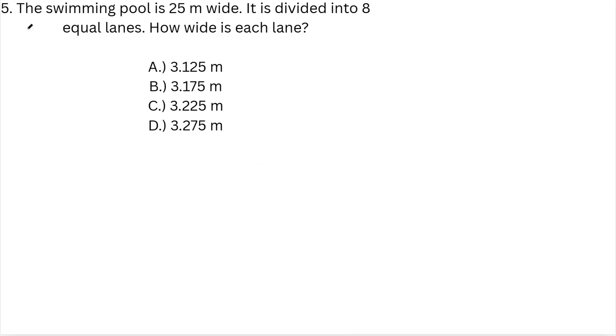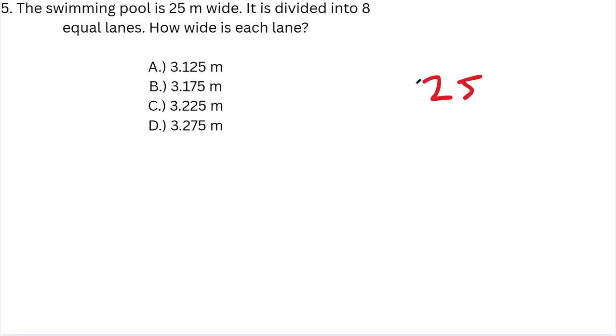Next problem. The swimming pool is 25 meters wide. It is divided into 8 equal lanes. How wide is each lane? Okay. This is a division problem, but it could be a little bit hard because it includes 3 digits of decimals for all the answer choices.